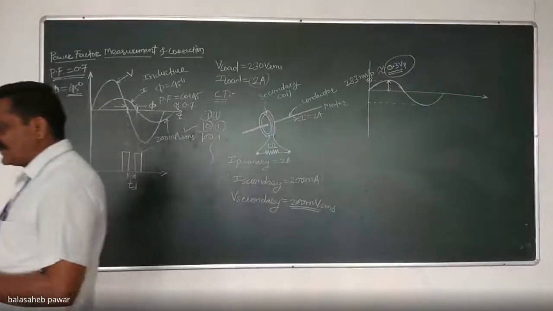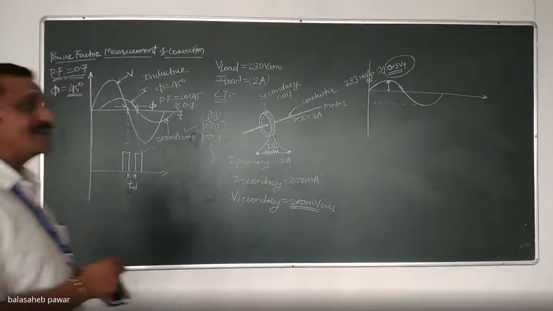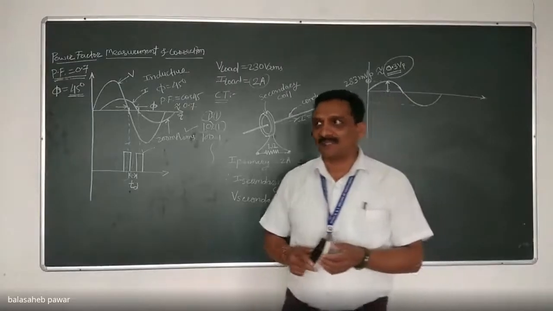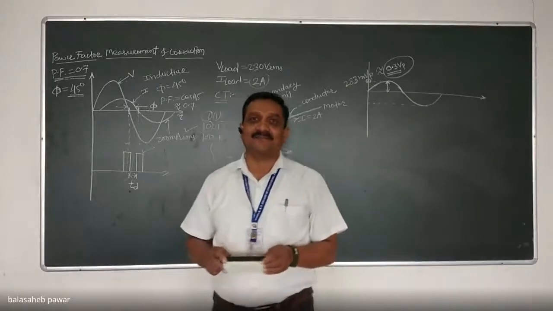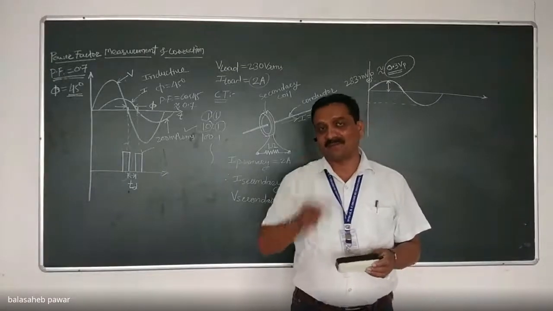And the precision rectifier can rectify a signal of minimum how much amplitude? 3.5 microvolts. Yes, it was 3.5 microvolts.